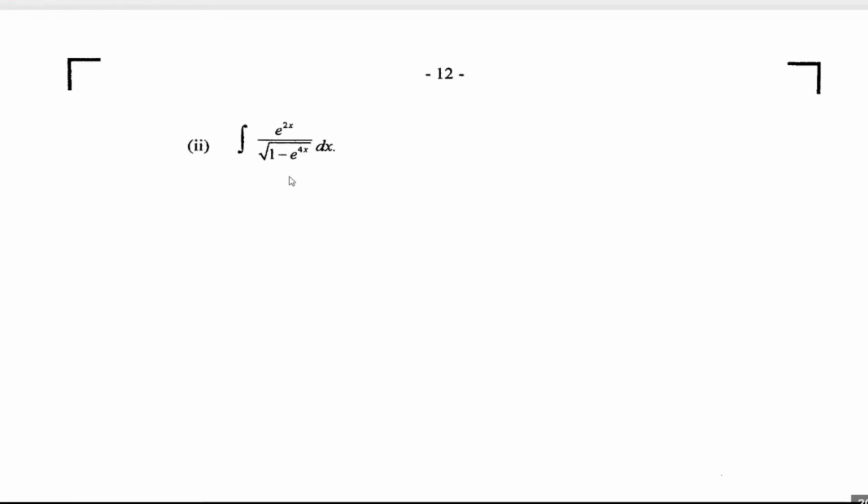I want to look at this as the integral of e to the 2x over the square root of 1 minus e to the 4x.